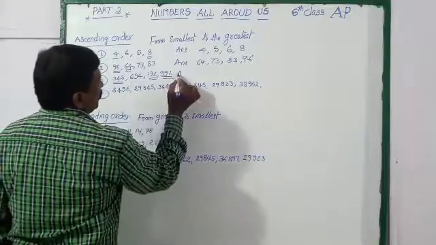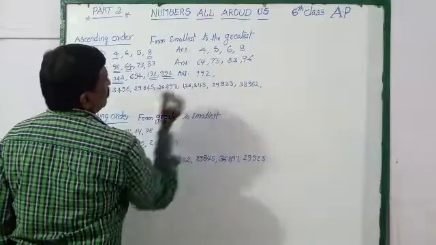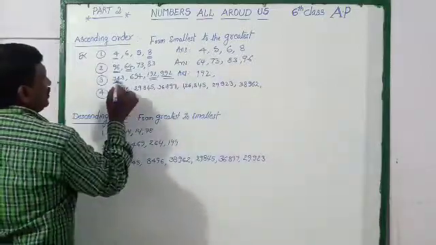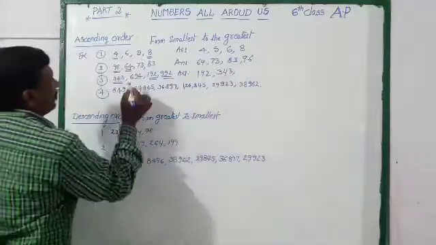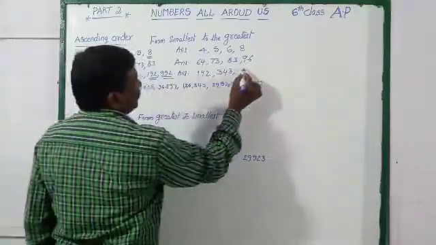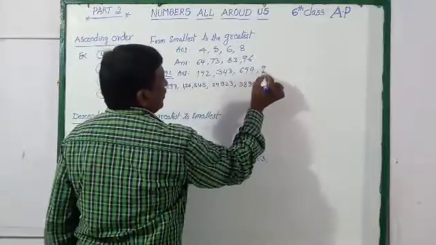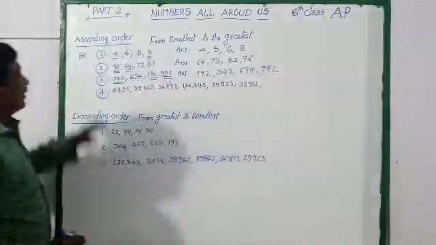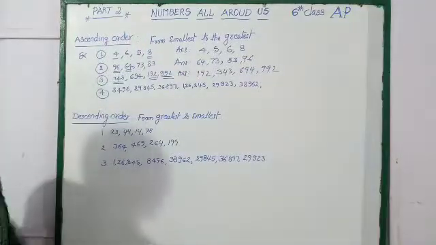So first the smallest, 192. Next 343. Next 694. Next 992. These are smallest to the greatest, ascending order.